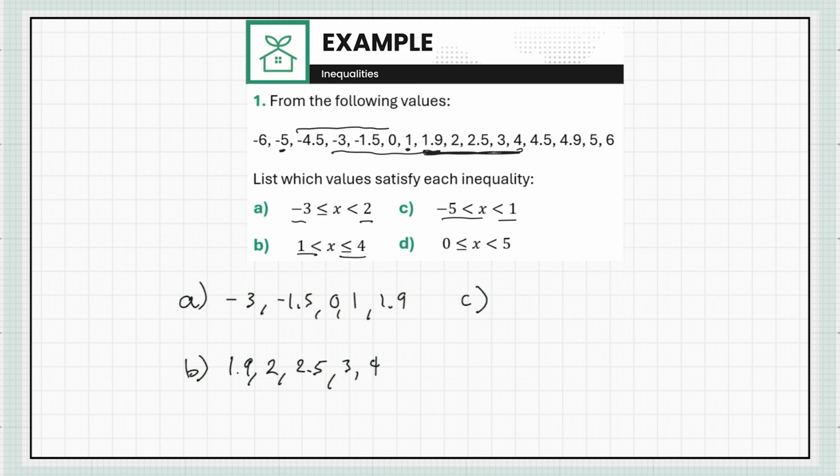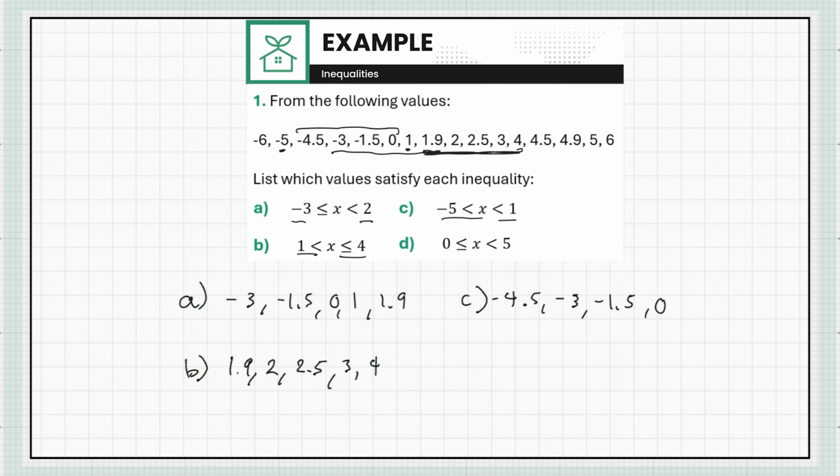So all of these values in between those two are the range at which we can have for x. So x can be equal to -4.5, -3, -1.5, and then it can be equal to 0, but it can't be equal to 1.